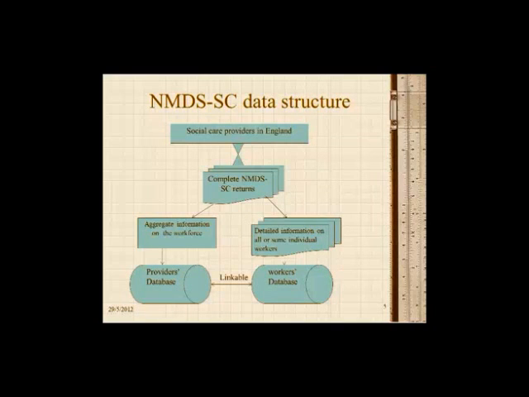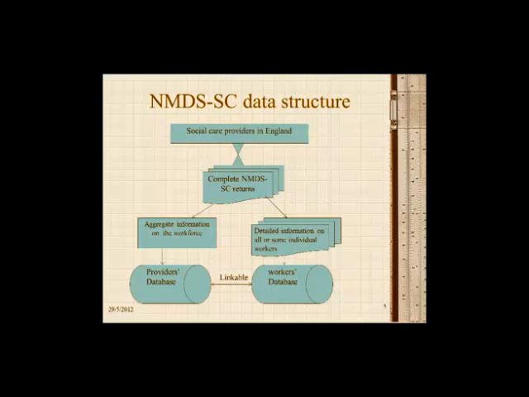The completion covers two big data sets. One, the provider gives aggregate information on the workforce that they employ with some level of detail. So, for example, how many social workers, how many support staff, how many different job roles, and in the last year, what are the vacancies, how many have left, why are people leaving, what type of service they are providing.